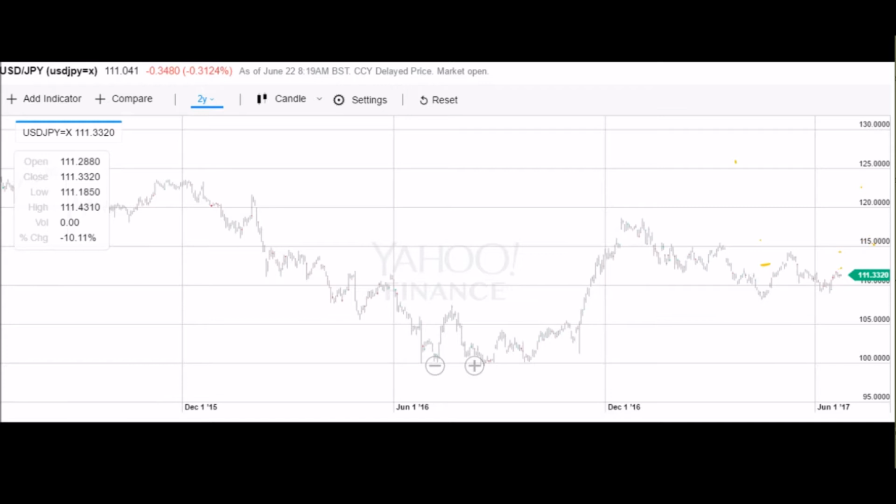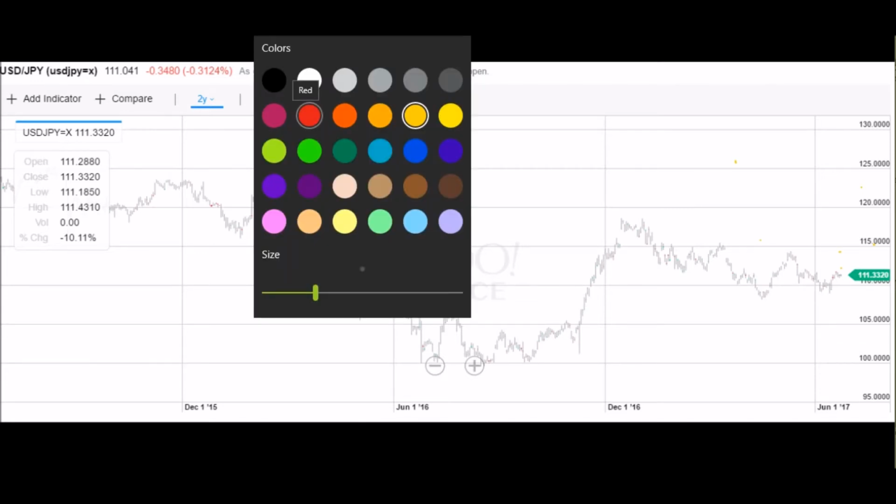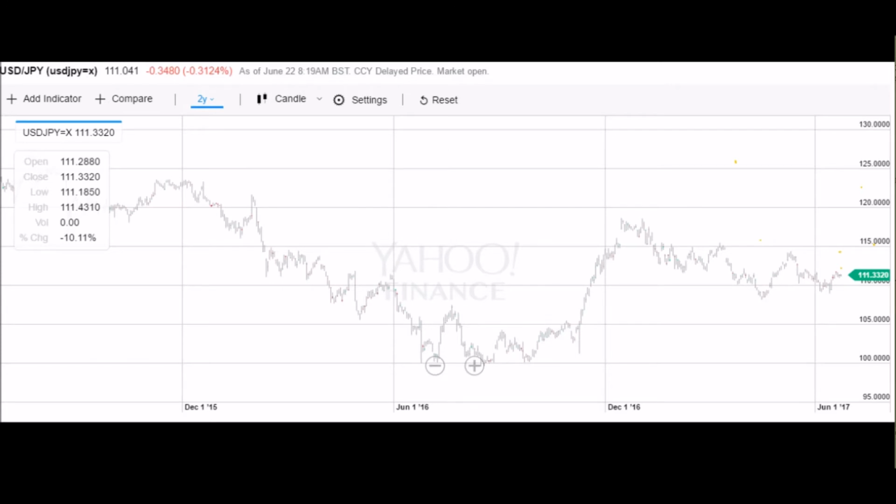We've looked at various patterns in the dollar yen. We can also zoom in further and look at reversal days. We can look at spikes, triangles, flags.